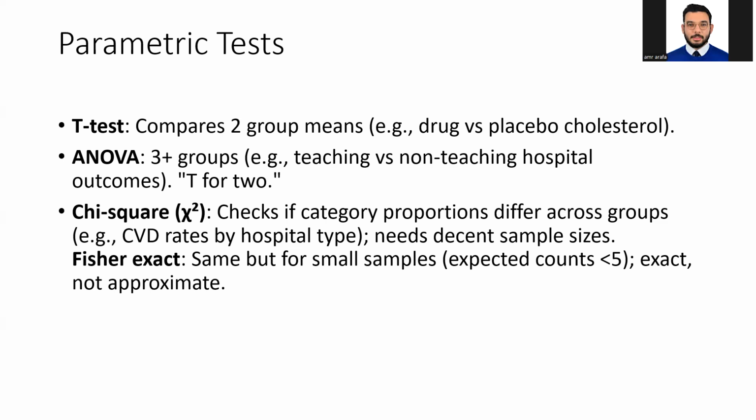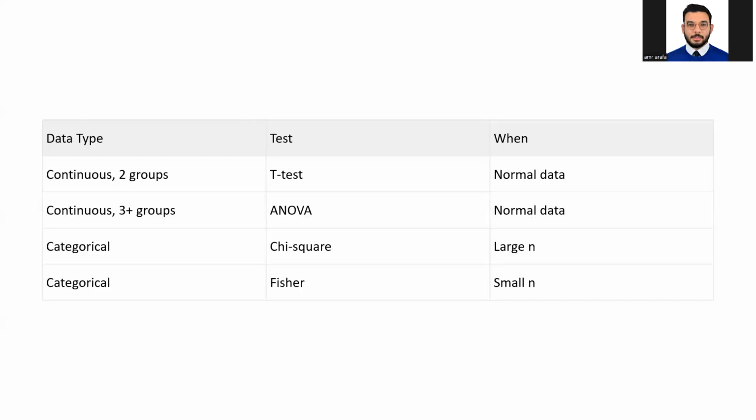It's not really asked on USMLE. It's very hard to find a question where the Fisher is going to be the answer. So what you're going to be asked is always going to revolve around chi-square, t-test, and ANOVA. All right, so just keep this in mind. If your data is continuous, meaning you can put a decimal point in your data, and you're comparing just 2 things, you're going to use the t-test.